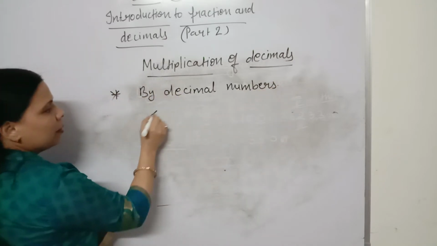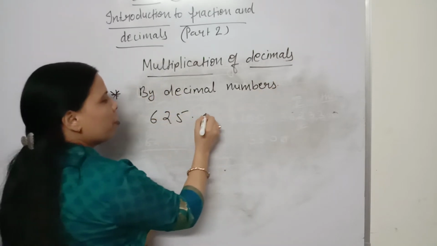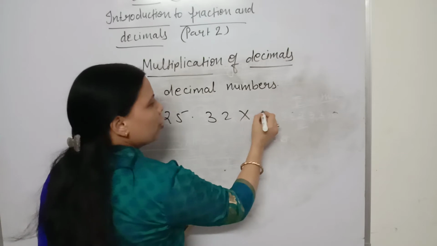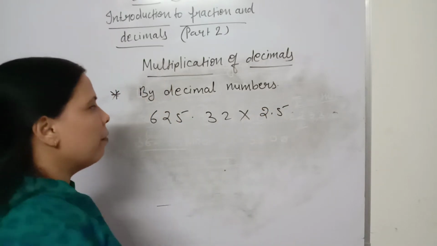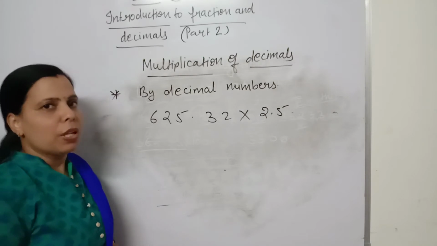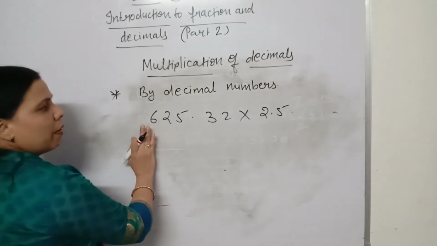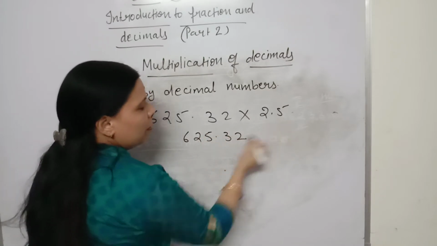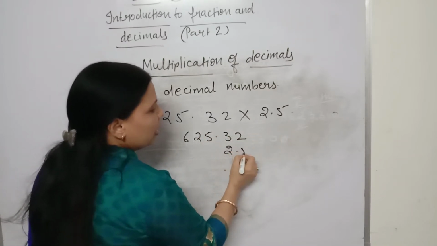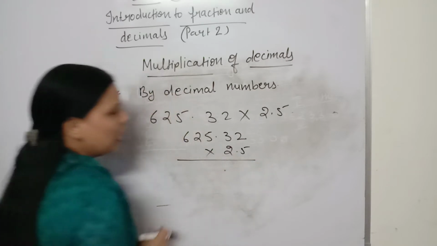For example, 625.32 into 2.5. So in this question, children, one very easy method I am going to tell you. Use it. Write the number, copy down below this the decimal number and multiply.